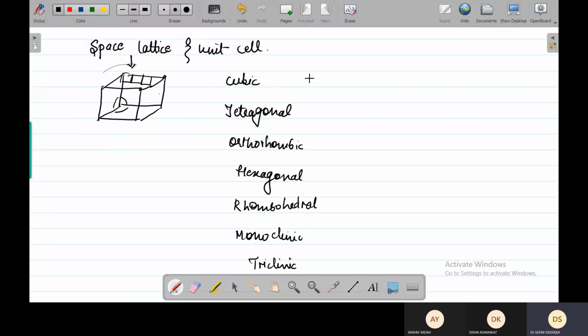Now, in the cubic case, we have the primitive, body centered, and face centered.